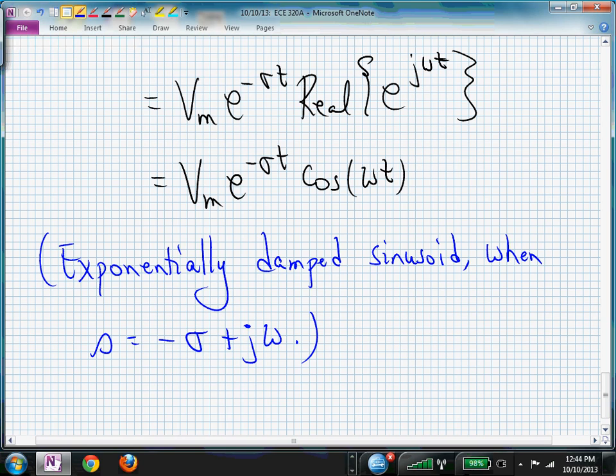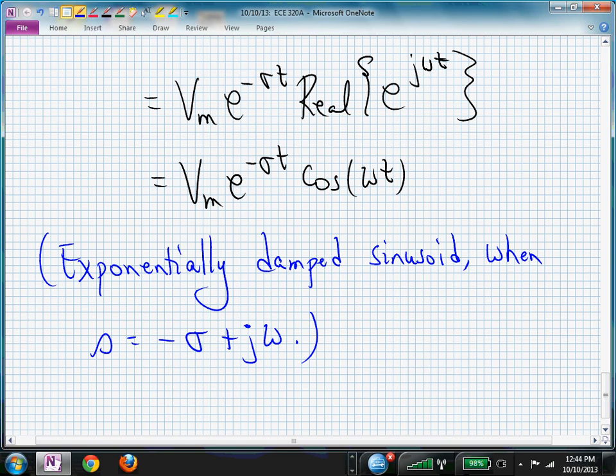And now we have maybe a little bit better feel about what this s could do for us. We can now create different types of signals in terms of this complex frequency variable s.